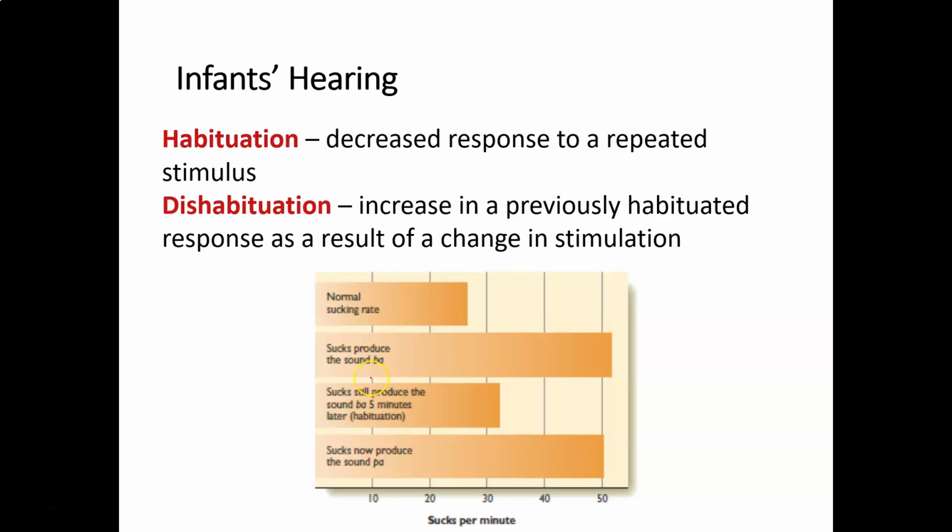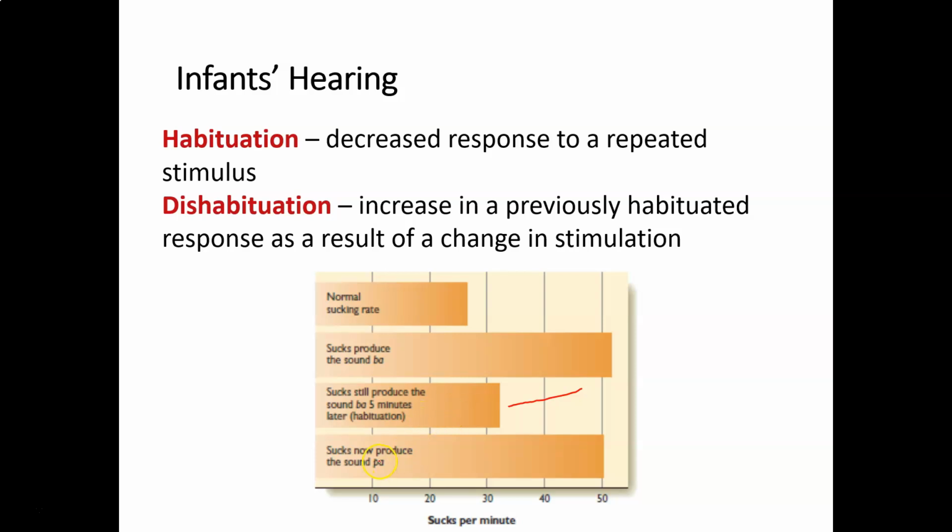But after 5 minutes of playing the sound ba and having it not change, they showed a decrease in response to the sound, right? And so this represents habituation. Habituation is when there's a decrease in response to a stimulus that is unchanged.